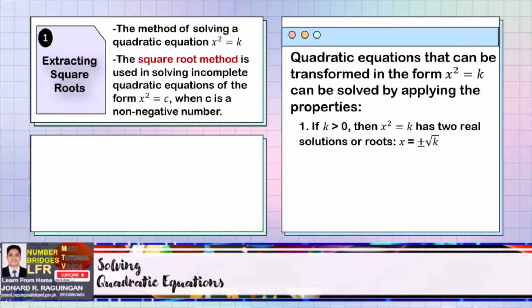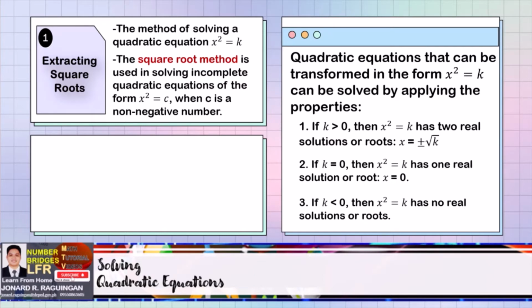That is, x is equal to positive or negative square root of k. Number 2, if k is equal to 0, then x raised to 2 is equal to k has one real solution or root. That is, x is equal to 0. Number 3, if k is less than 0, then x raised to 2 is equal to k has no real solutions or roots.